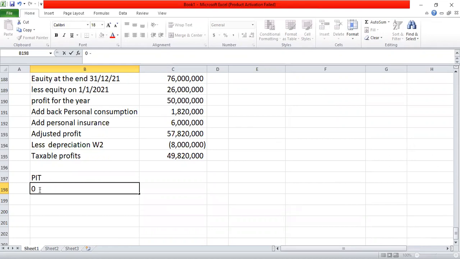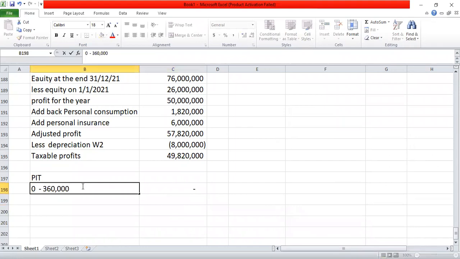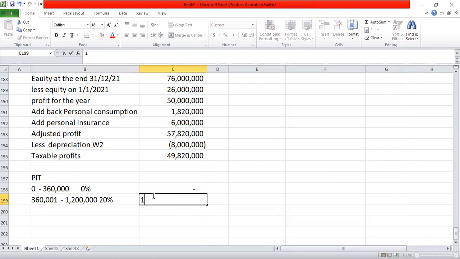So this is going to be 360. So this is a 0%. The other one is 0. Then from 360 to 1.2, we're going to charge 20%. So it's going to be 168.